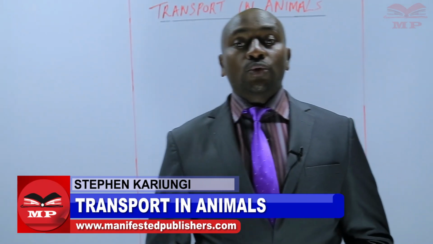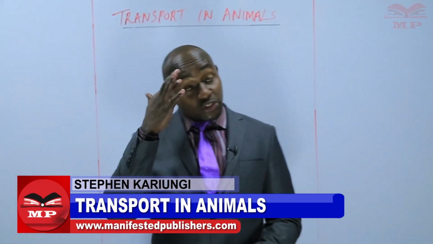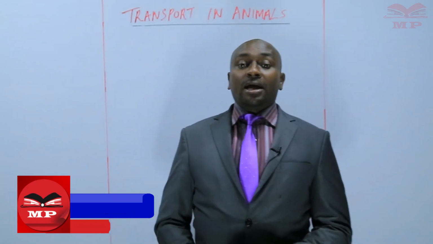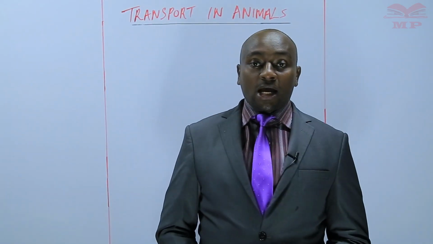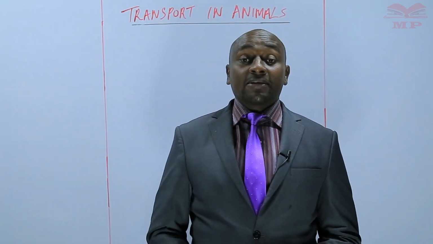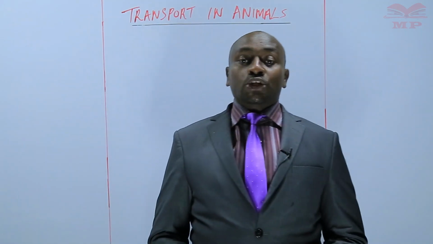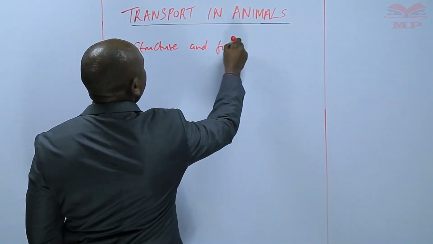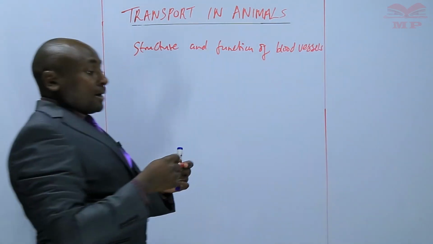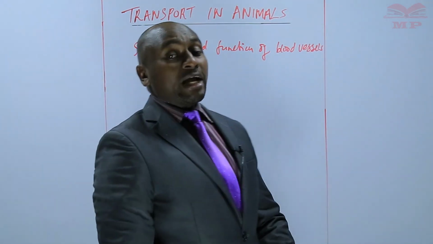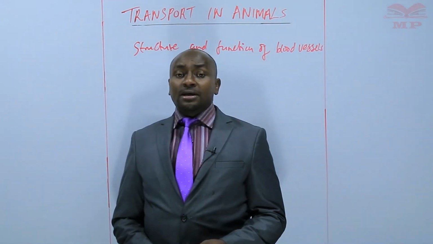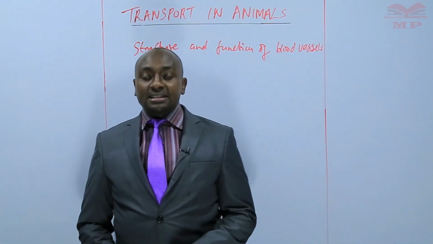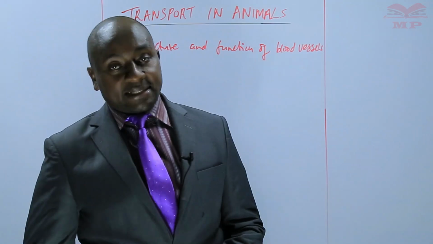Today we continue with our topic of discussion, and the topic is transport in animals. For today I want us to discuss the structure and function of blood vessels. We have three types of blood vessels, and these are the arteries, veins, and capillaries.